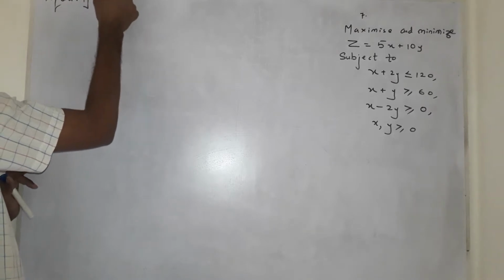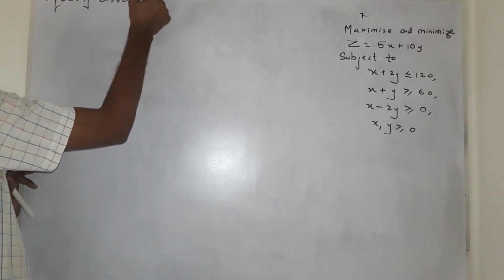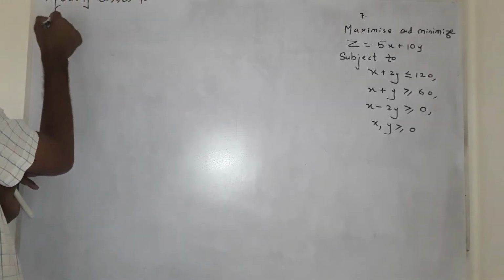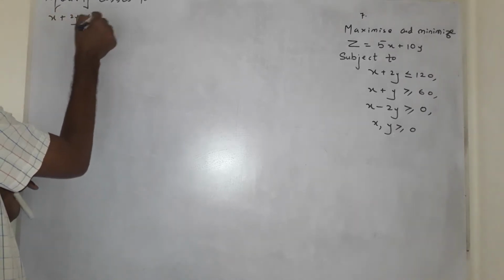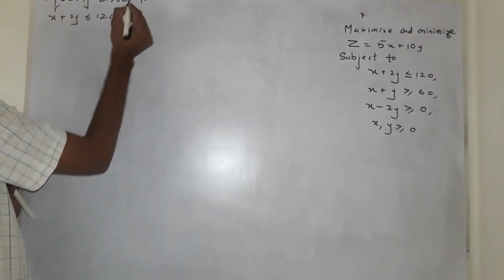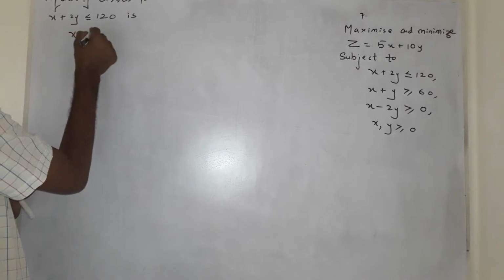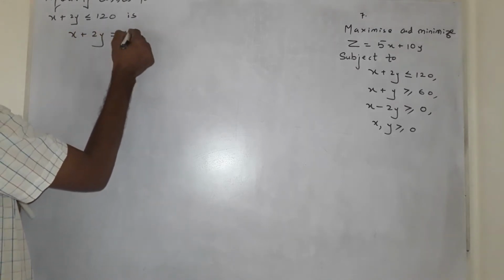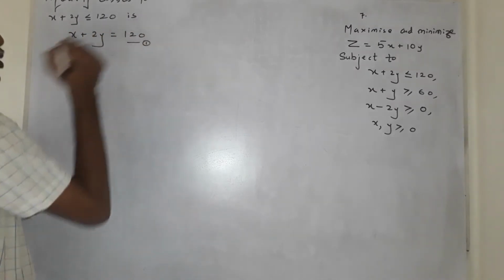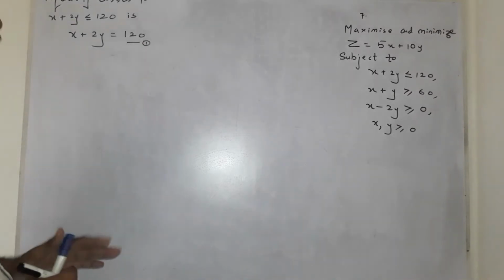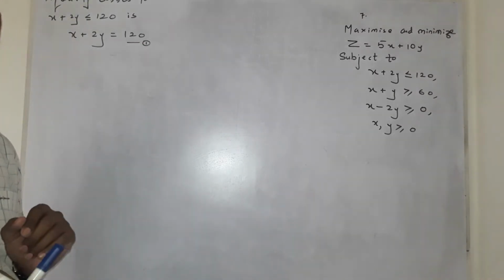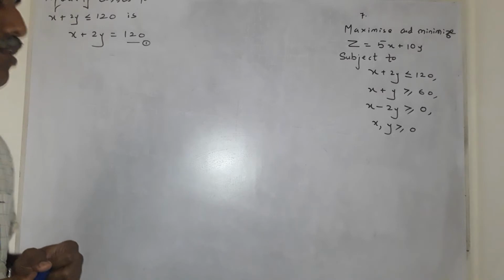Equality corresponding to x plus 2y less than equal to 120 is x plus 2y is equal to 120. This represents a line. Let us talk about the intercepts of this line.